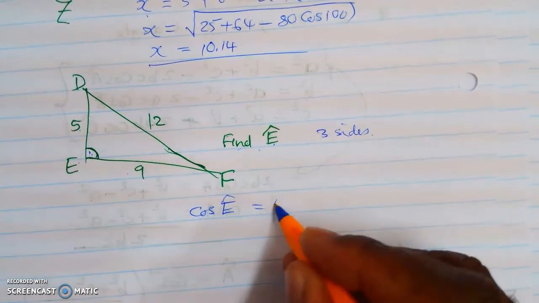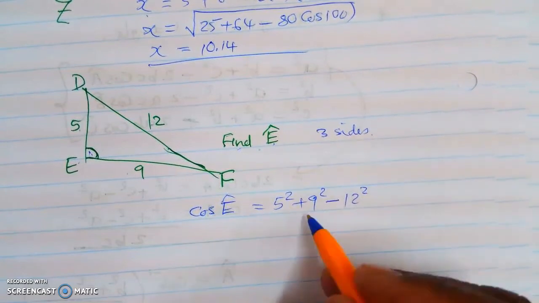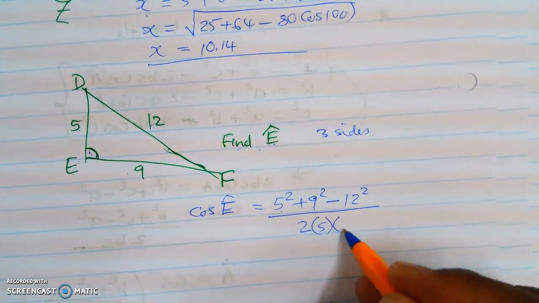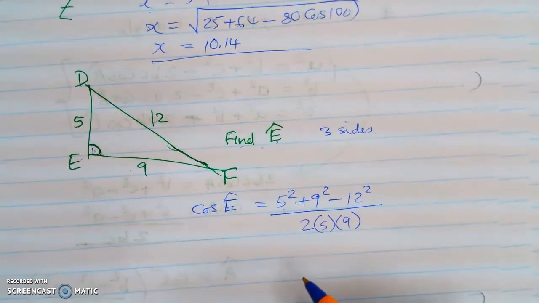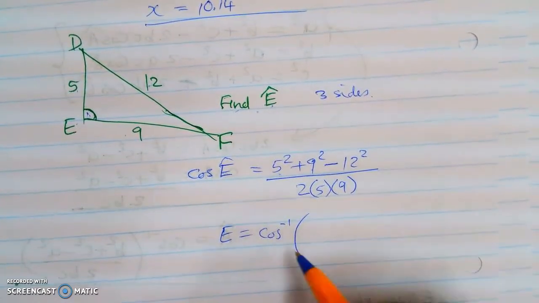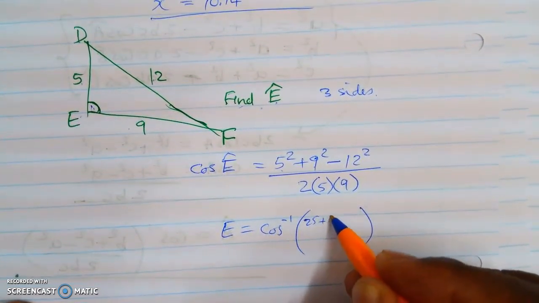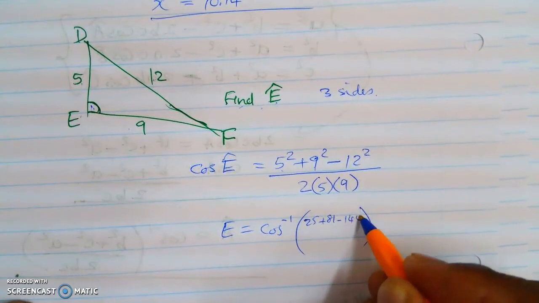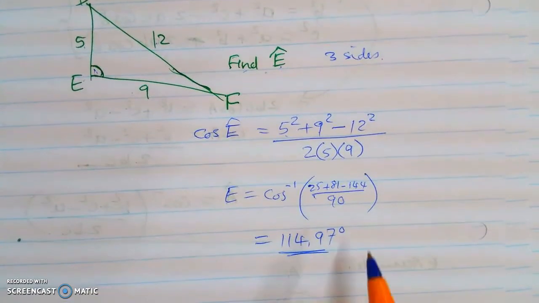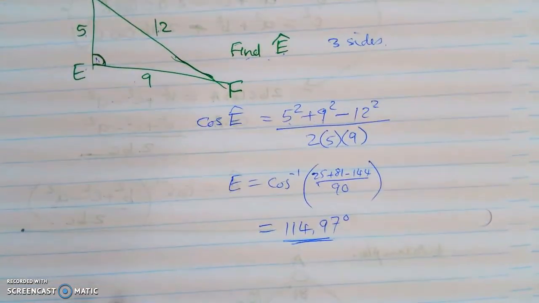So it's these ones first, 5 squared plus 9 squared, then you subtract 12 squared, over 2 times these ones, 5 and 9. And therefore, your angle E will be cos inverse of the answer that you get from here: 25 plus 81 minus 144 over 90. Therefore, your answer will be 114.97 degrees. Thank you for watching.